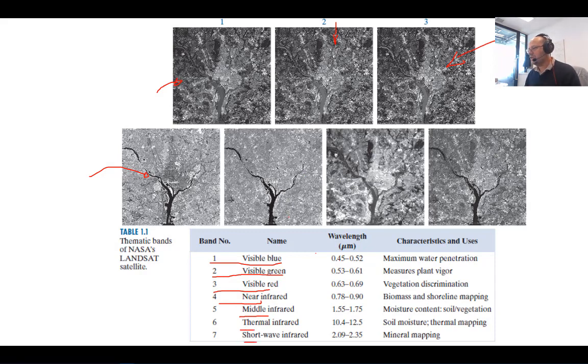So you can use it for identifying distinct characteristics, such as: if you use visible blue, you get a good representation of water; visible green, plant vigor; visible red, vegetation discrimination; near infrared, biomass or shoreline mapping; middle infrared, moisture content; thermal infrared, soil or thermal mapping; shortwave infrared, mineral mapping.